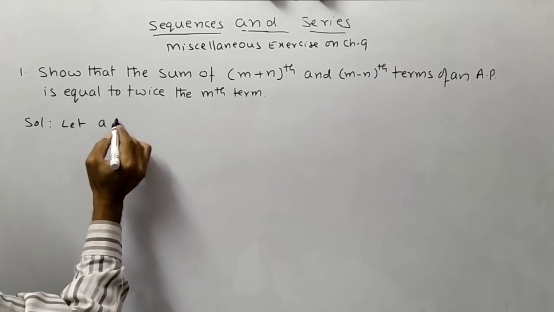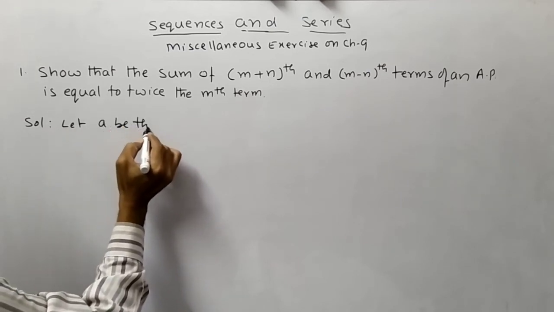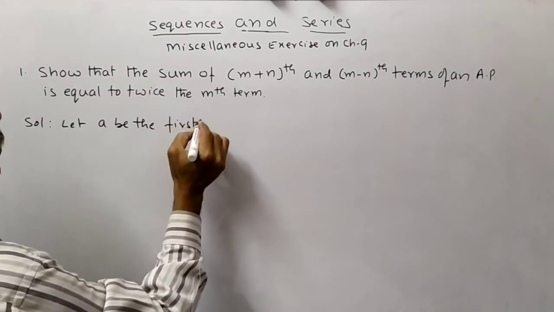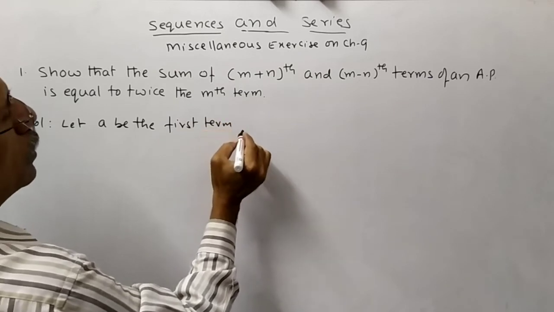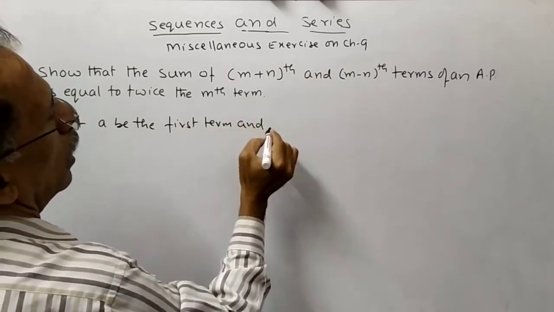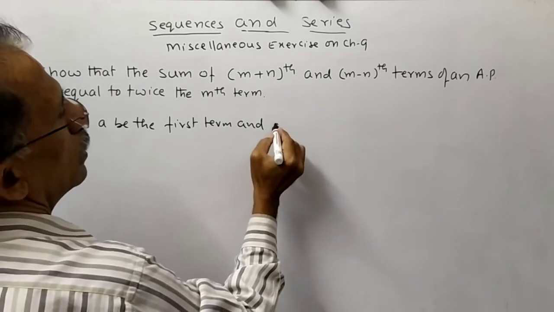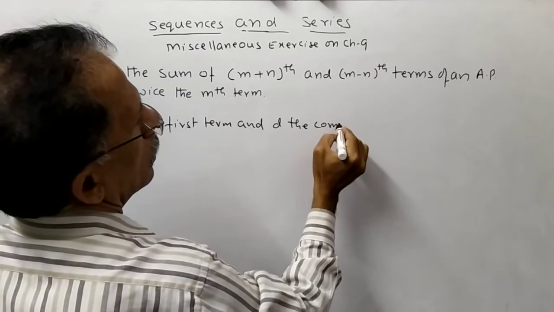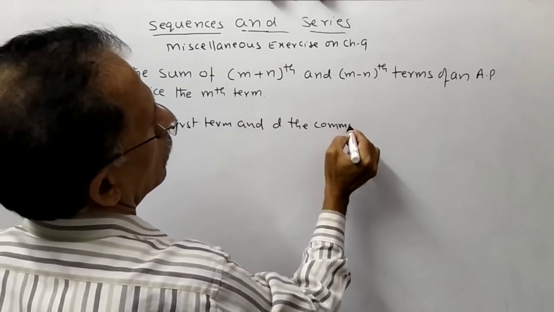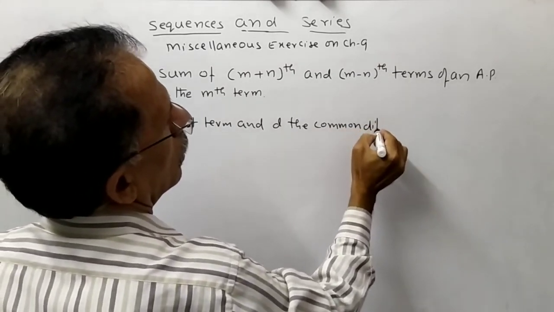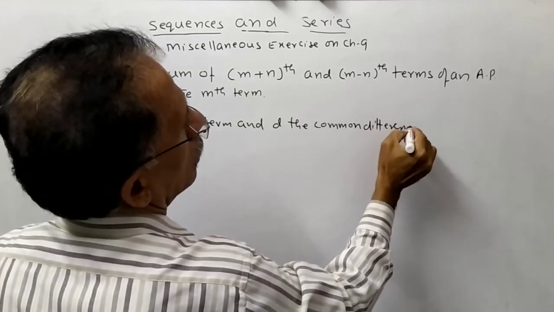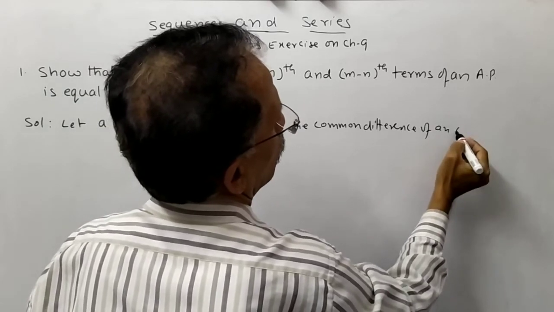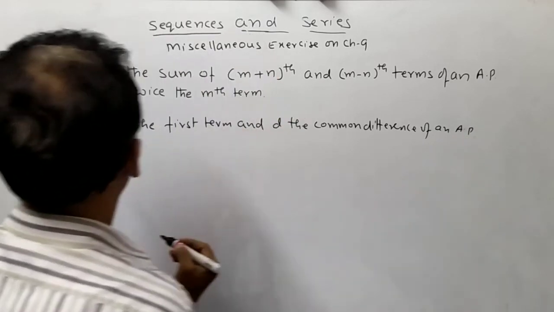Let A be the first term and D the common difference of an AP.